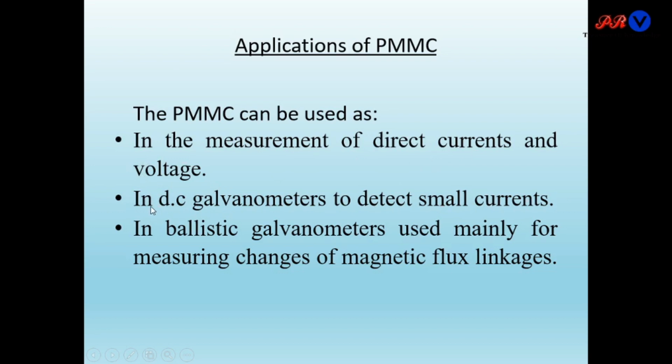It is also used as a galvanometer in bridge circuits to detect small amounts of current. Ballistic galvanometers are used mainly for measuring changes of magnetic flux linkage. So ballistic galvanometers are also used for measuring the changes of the magnetic flux linkage.